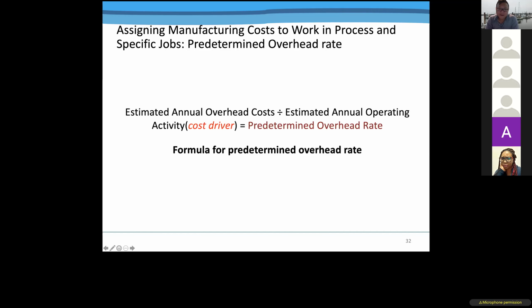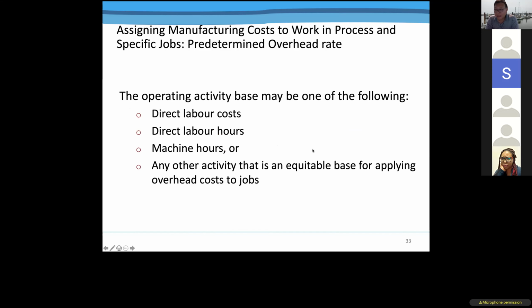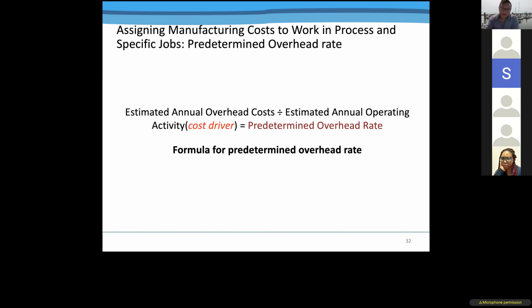Okay, so I have one question. For the predetermined overhead rate, could we use the annual overhead costs and the annual operating activities of last year? Whatever. If you believe that last year's number is a good approximation for this year's number, yes.